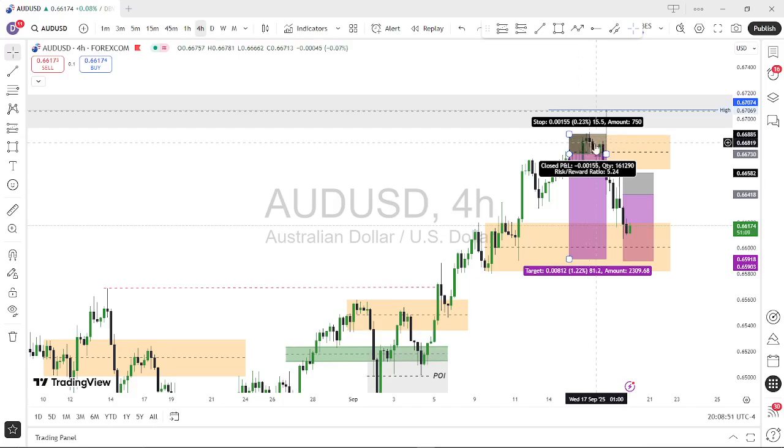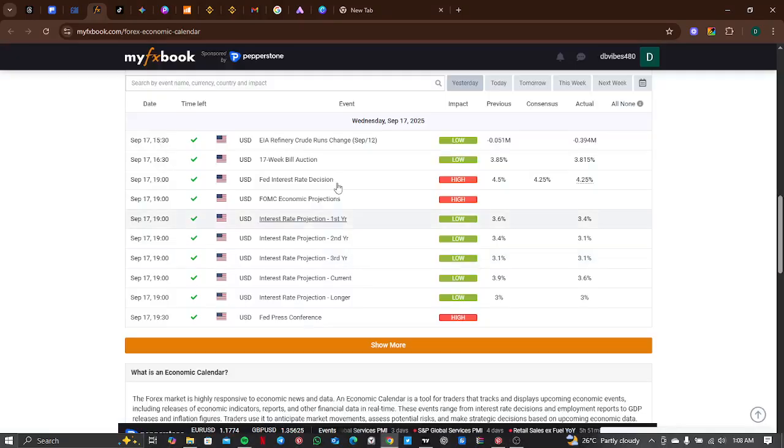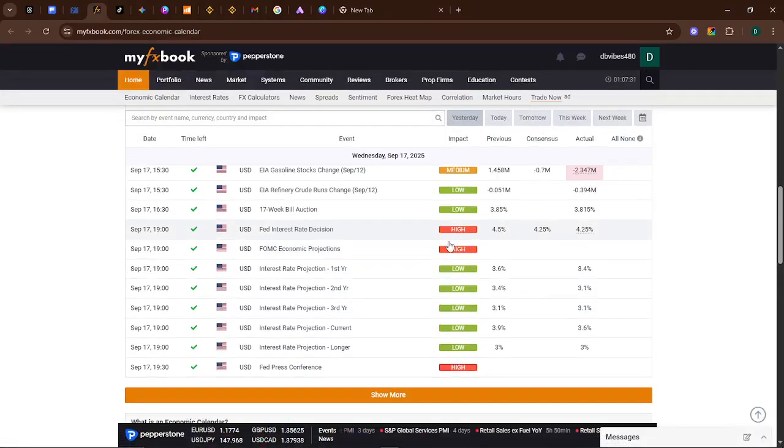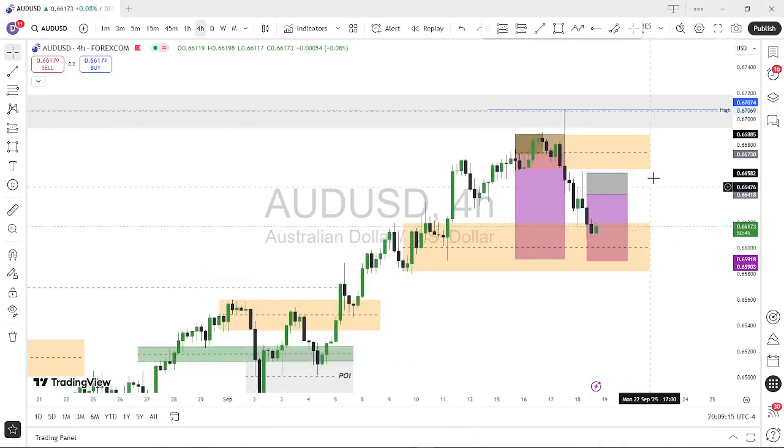And I noticed that the market was still coming back down on Wednesday. But on Wednesday, it skipped my mind that news was going to come up around 7 p.m. in the evening, 7 p.m. to 7:30, and news came up really strong, affected the USD.